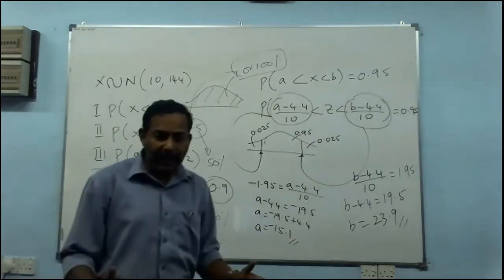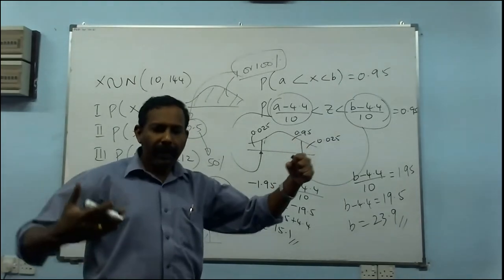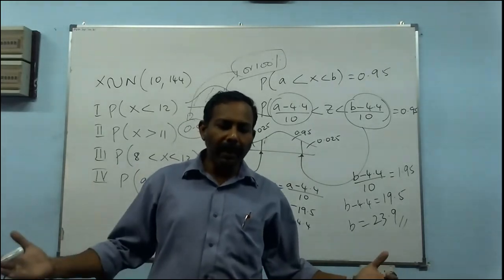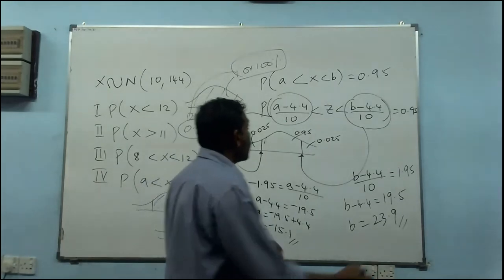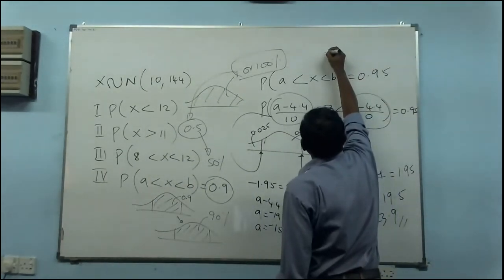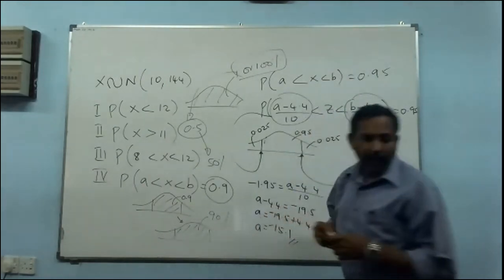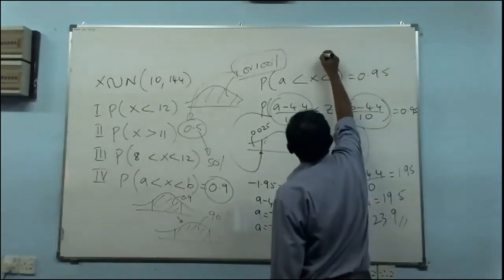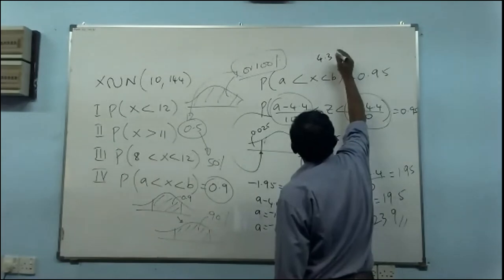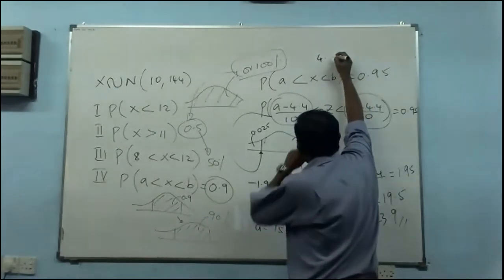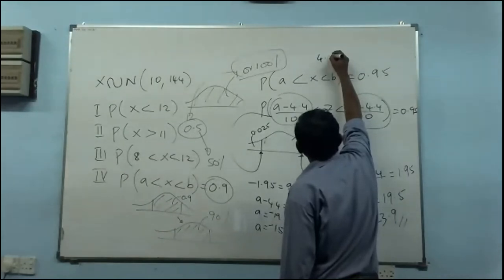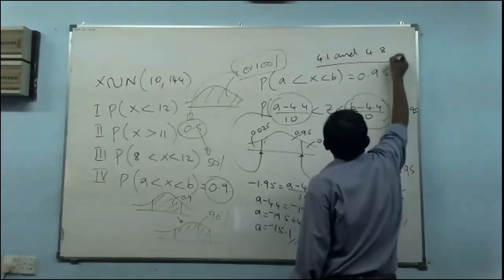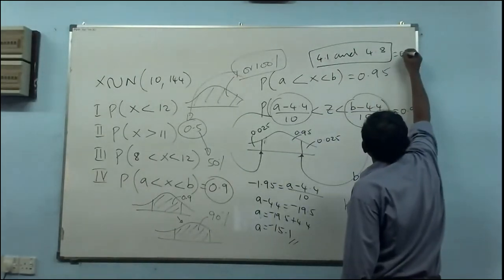Probability we cannot say in percentage, but take the probability. But if you give a probability to somebody who doesn't know probability, let's say the probability of paddy yield between 4.1 and 4.8 is equal to 0.2.